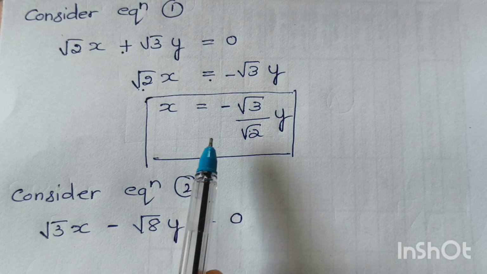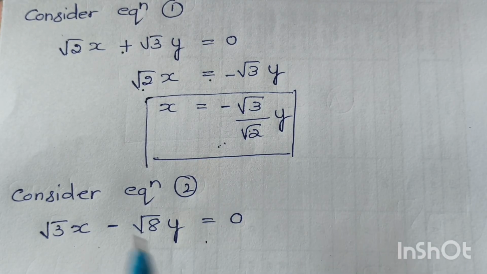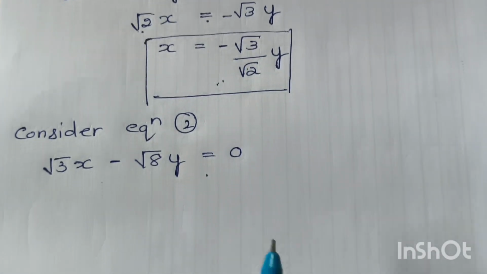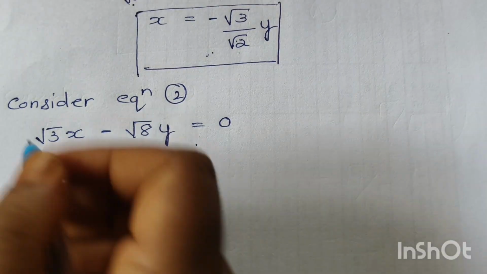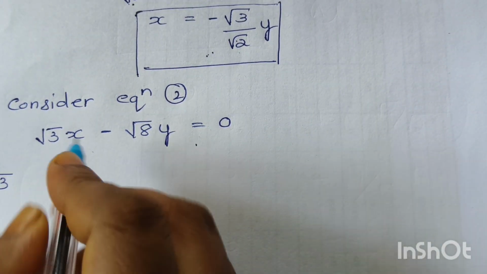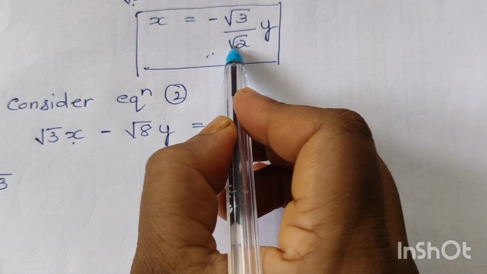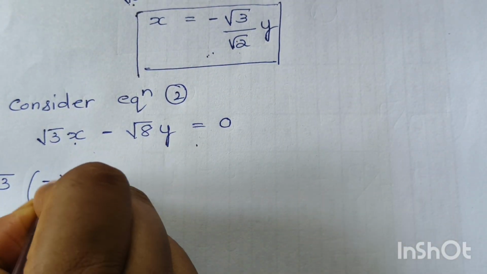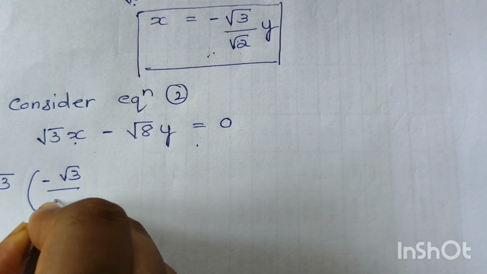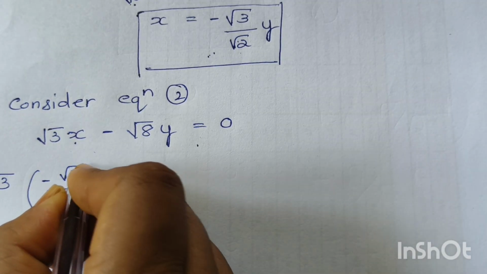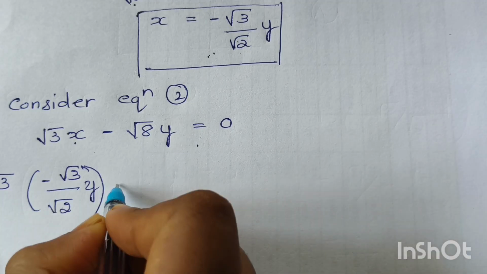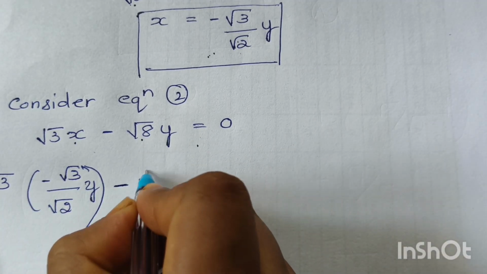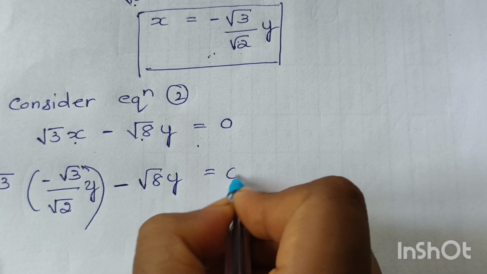Now let us substitute the value of x in this. In the place of x, let us write this value: √3 times minus √3 by √2 into y, minus √8y is equal to 0.